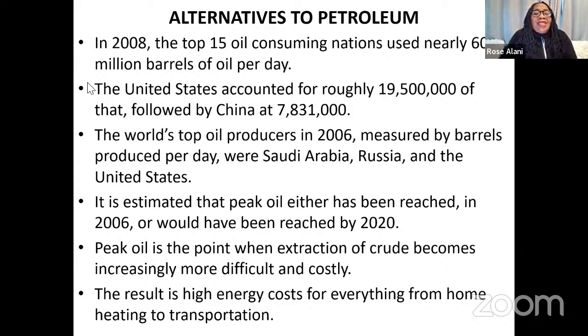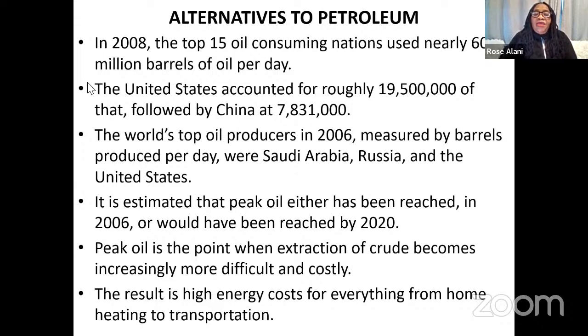In 2008, the top 15 oil consuming nations used nearly 60 million barrels of oil per day. The United States used 19 million of that.